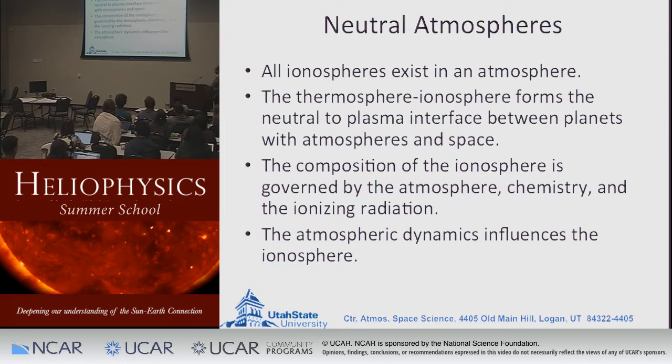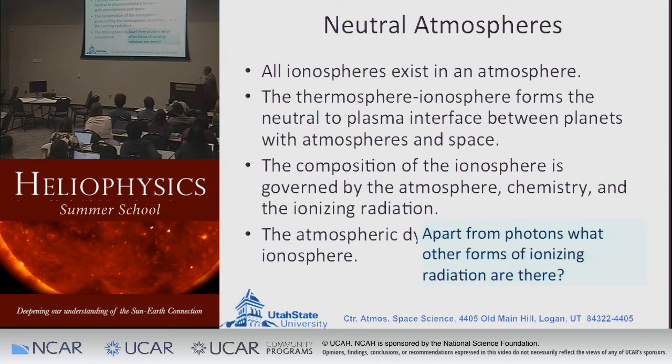Okay, so that's where we are. The neutral atmosphere. All ionospheres exist in an atmosphere, okay? The thermosphere-ionosphere forms the neutral-to-plasma interface between planets with atmospheres and space. So that's a line, if you like, this 100 to 120 kilometers, and we're going to explore it a little bit further. Oops, sorry, let's back up for a second.